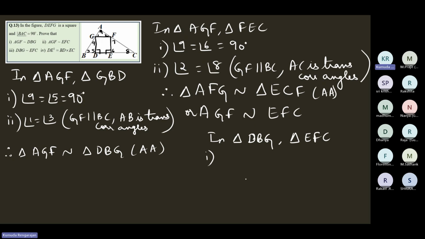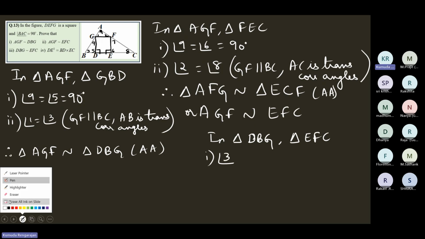In these two triangles, supposing you don't have any direct equal angles, then you have to use this method. That is, write an equality where one angle of the first triangle plus one angle of the second triangle is equal to 90. So you can write angle 3.